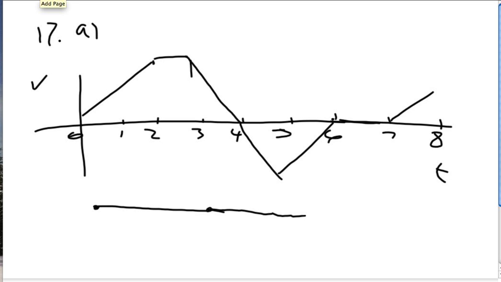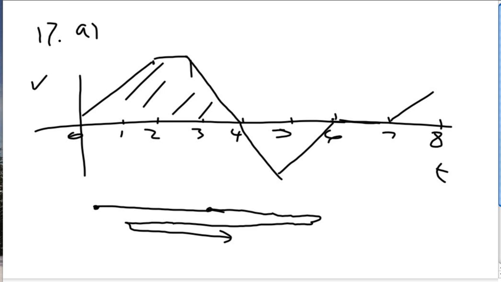Then the acceleration is decreasing, moving slowly, and then it stops. And it's moving in the opposite direction at time equals 4. And it's accelerating. And then when t equals 5, it starts decreasing, acceleration reaching 0. Then it stops there for 1 second, and then starts moving again, accelerating.